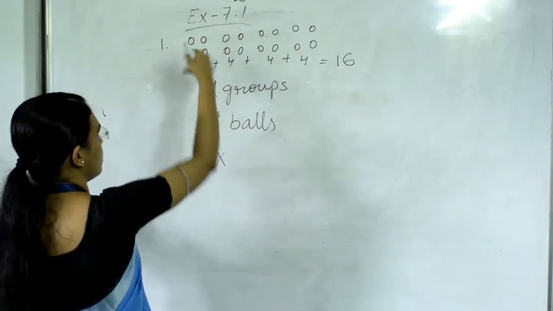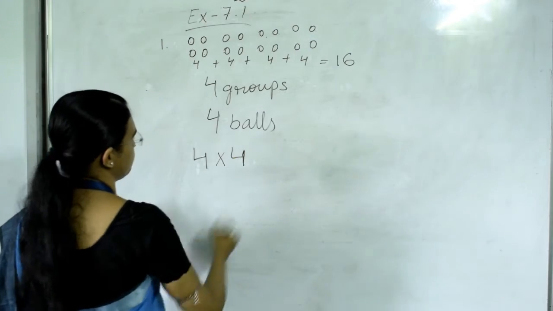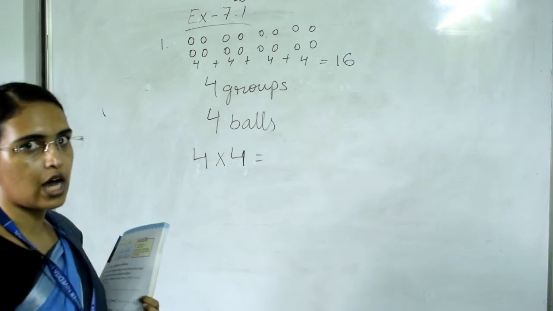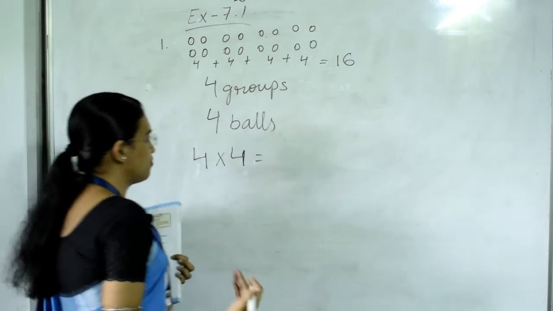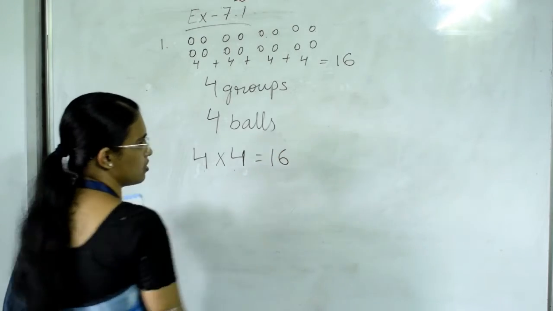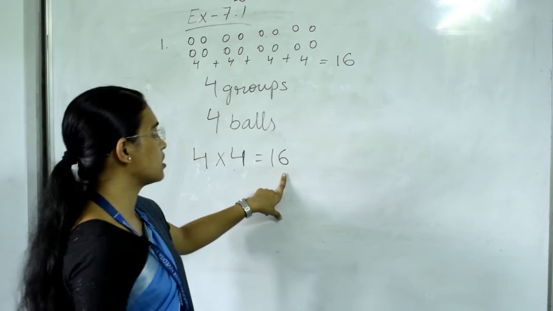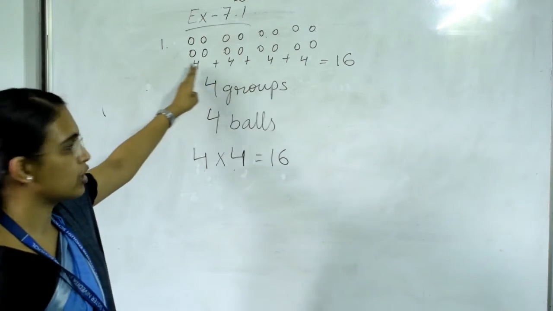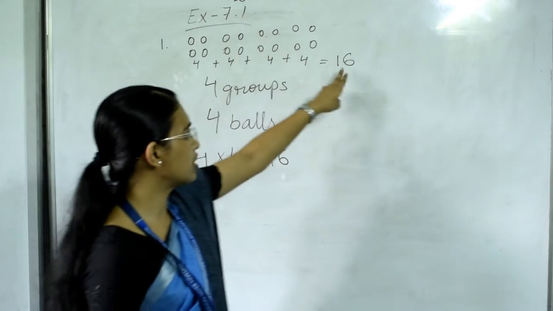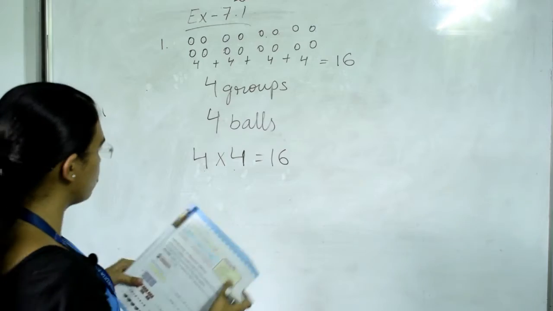So we have to write 4 balls. That means 4 into 4. 4 fours are in the table of 4. 4 fours are 16. So if you multiply this, you will get 16. And if you do the longer process with the help of addition, you will also get 16. Look, the answers are the same, right? So in this way you have to do this sum.